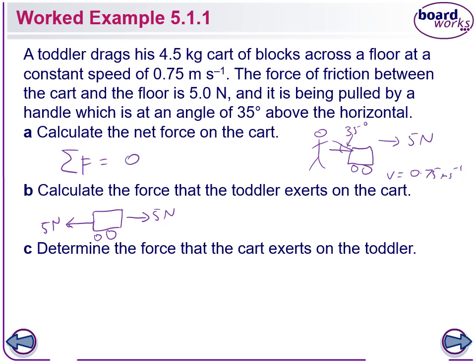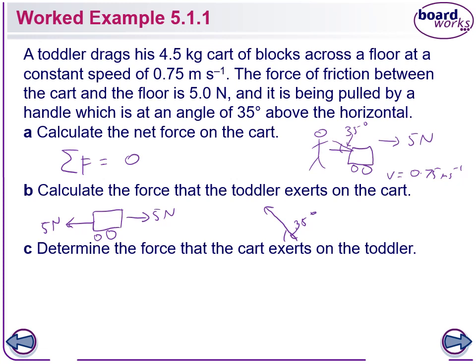However, it is not quite that simple, because the toddler is not pulling horizontally. The toddler's pulling at an angle, a 35-degree angle. So we want to work out what the magnitude of that force is along the handle. That is the force the toddler is applying.